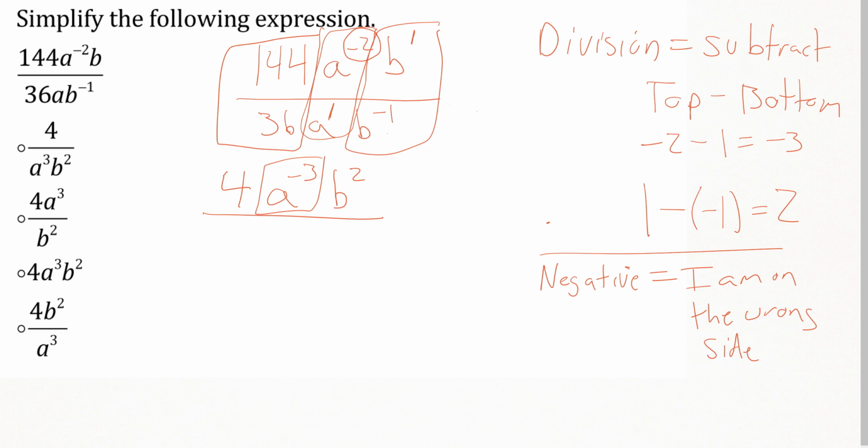So on the next line, I would write down my 4 because it stays on top, but my a is now going to move to the bottom of the fraction, and that exponent is just going to become positive. The b is going to stay up on top as a positive squared. So what we'd be looking for in our options would be the last answer here, which is 4b squared divided by a cubed.